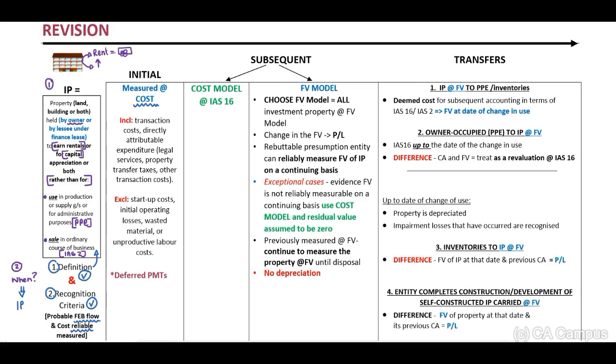And as always, if there is deferred payment, you need to calculate the present value. And this is the value that you will recognize as the cost of our investment property.